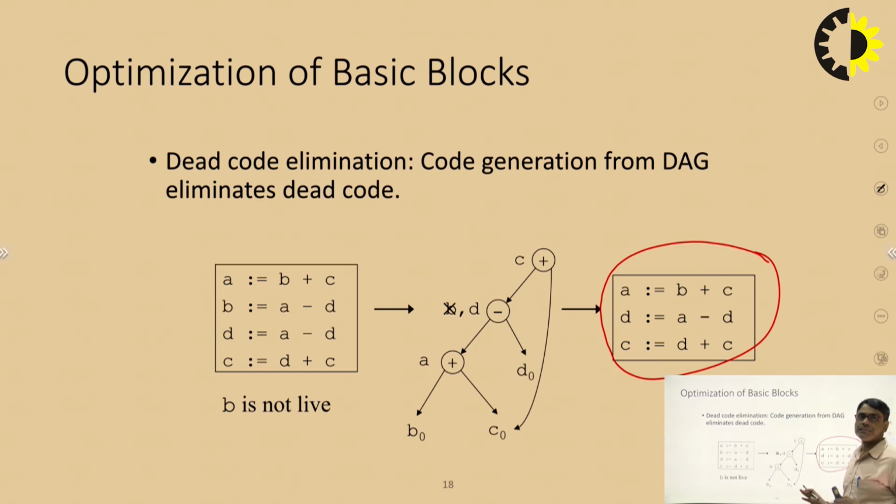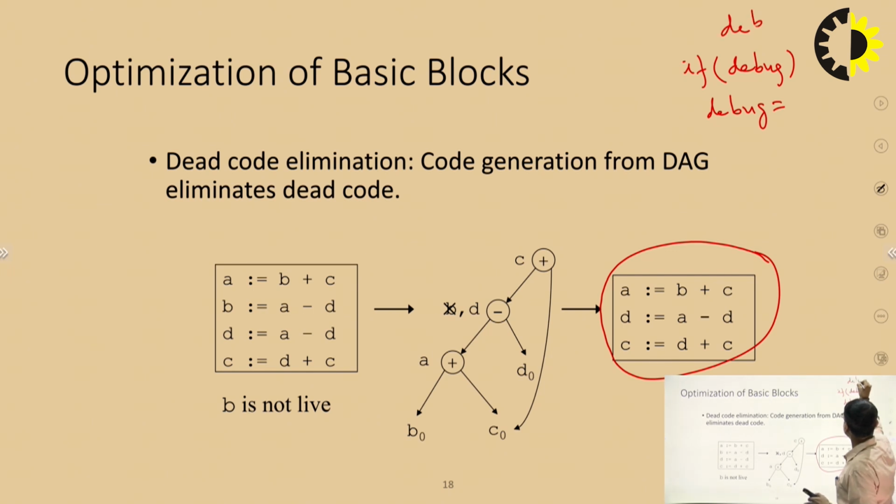Why is it not live? Because it is basically a problem of local common subexpression. But if we talk about dead code elimination, we can write this: suppose there is code with if debug equals false.